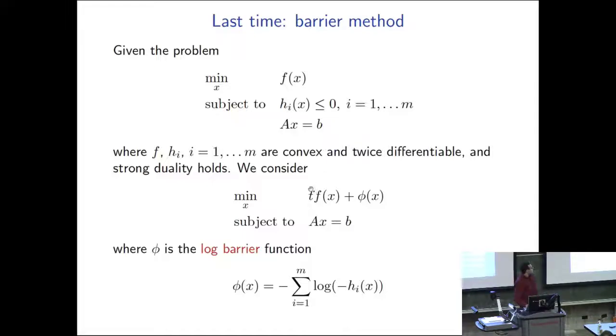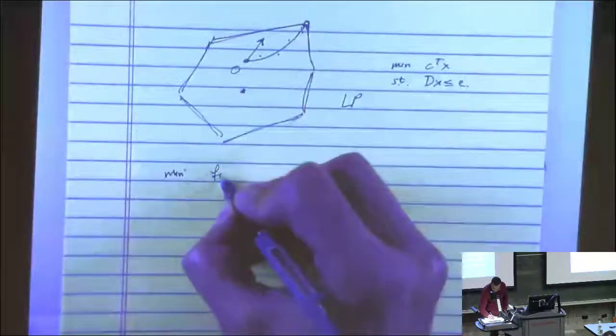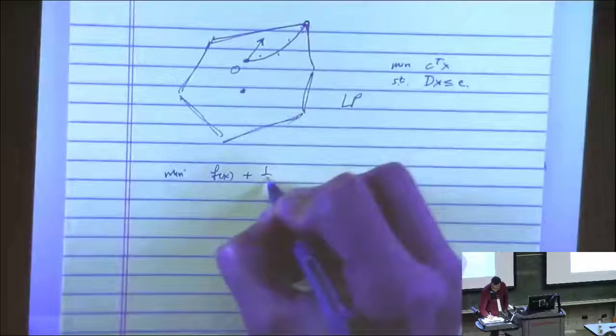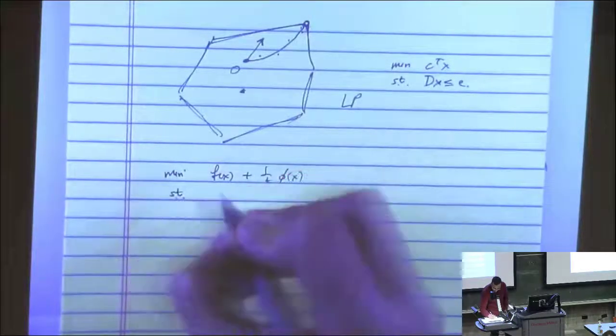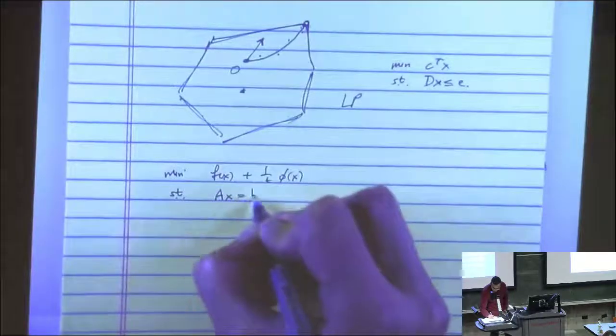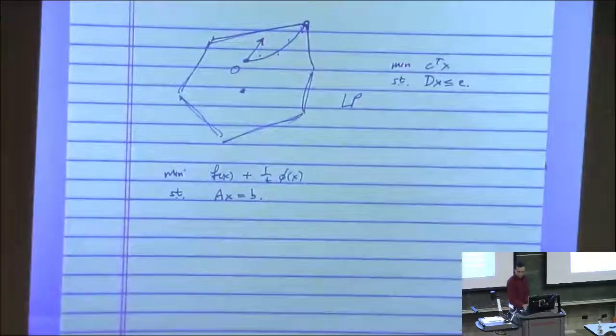And we considered this problem that we called the barrier problem, which is equivalent to this problem, which is sometimes the way we think about it. It's just moving the 1 over t over to the barrier function. And this had no inequality constraints. We thought about this function phi as a smooth approximation to the indicator function.